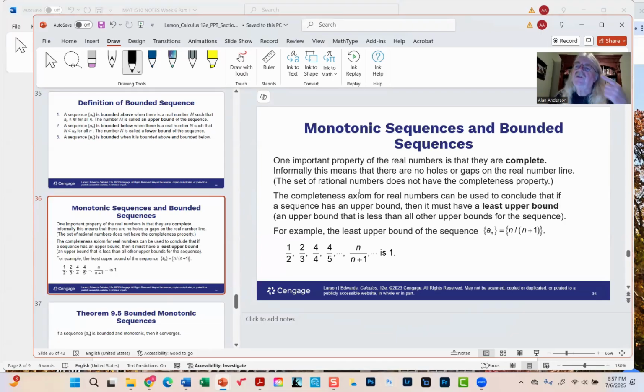And then it works the other way too. Let's say 0 is a lower bound. But then that would mean so is -1, -2, -3, -4, et cetera. In that case, what we're really interested in is what's called the greatest lower bound, the maximum of all those lower bounds.